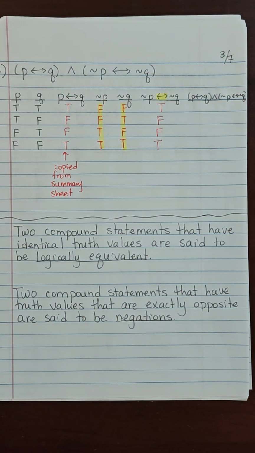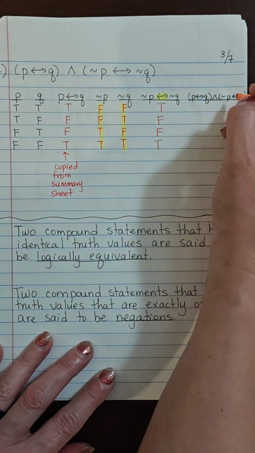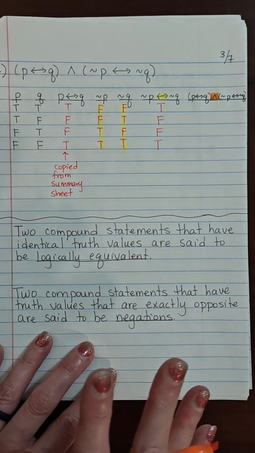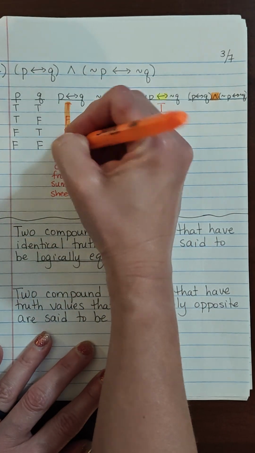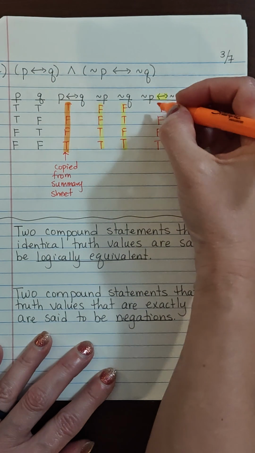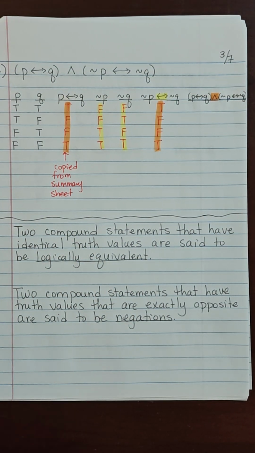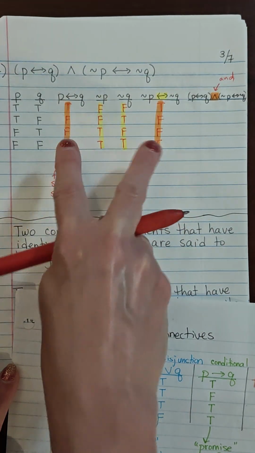All right, last up, this mess, but really it's not a whole bunch of stuff. It's just one operation. It's the and of that column and this column. So I'm really just narrowing your vision: I'm just going to do this conjunction to those two columns.